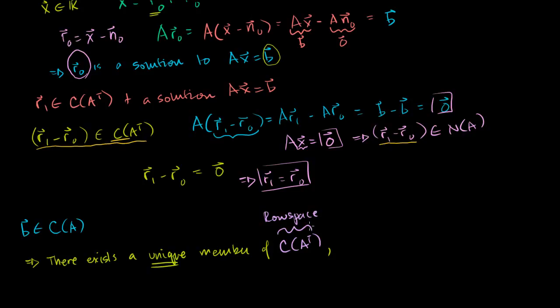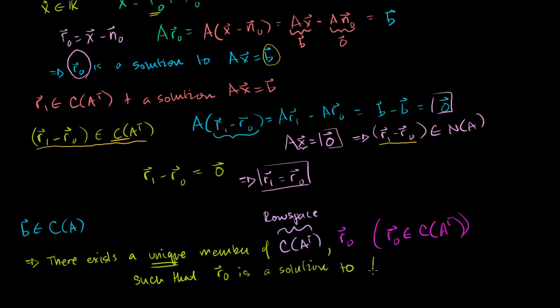Let me call that r0, and let me do that in a different color. I want to make this really stand out in your brain. So we know that r0 is a member of the row space of A, such that r0 is a solution to Ax is equal to b.